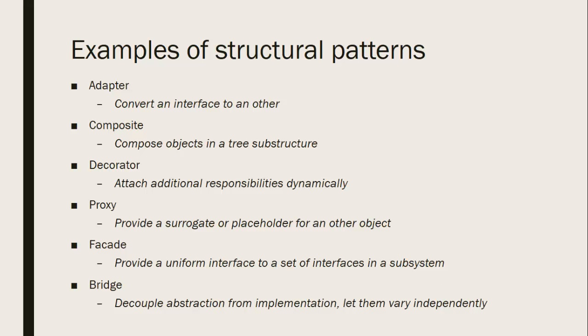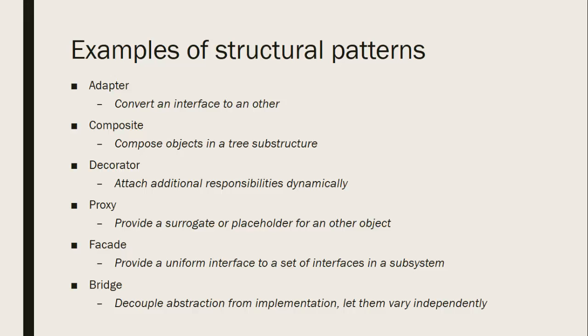And here we have examples of structural patterns. An adapter pattern converts an interface to another interface. A composite composes objects in a tree substructure. The decorator pattern allows us to dynamically attach additional responsibilities to an object.